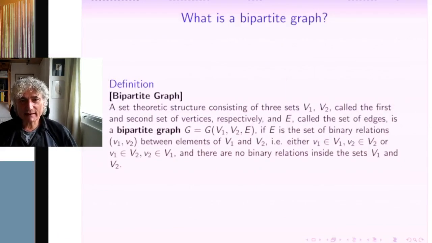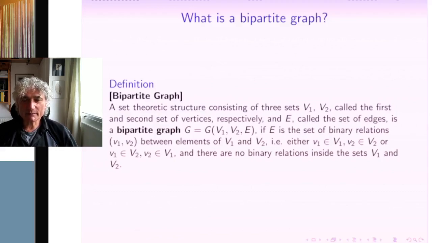And the next question we are asking is, what is a bipartite graph and why is it important in this lecture? Well, first let's just go through the definition. A set theoretic structure consisting of 3 sets V1, V2, called the first and second set of vertices respectively, and in addition a set E called a set of edges is a bipartite graph G, expressed as G of V1, V2 and E, if the set of edges E is based on a binary relation.